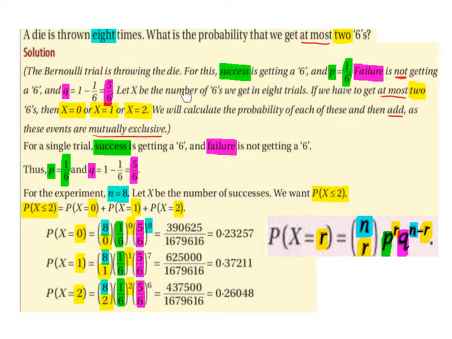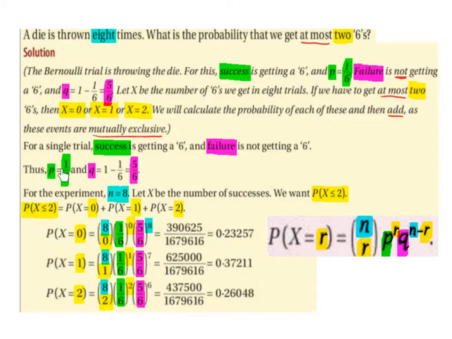Let X be the number of 6s we get in 8 trials. If we have to get at most 2 6s, then X is equal to 0, or X is equal to 1, or X is equal to 2. We will calculate the probability of each of these and then add, as these events are mutually exclusive. For a single trial, success is getting a 6 and failure is not getting a 6.